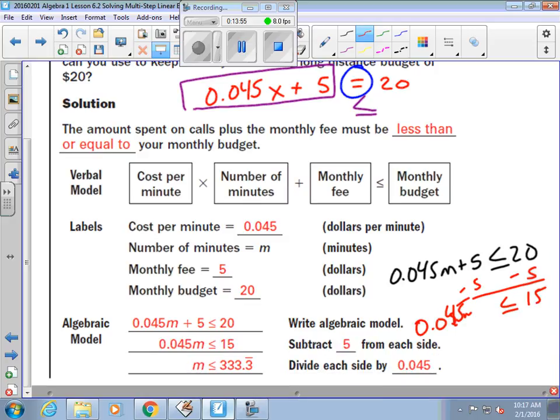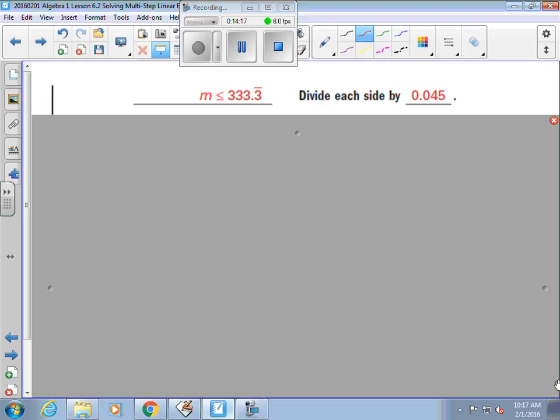And then divide by 0.045 on both sides to get M's value. There's no reason to reverse the symbol because you're dividing by positive 0.045. 15 divided by that is 333.3. So what this is saying is that M has to be less than or equal to 333.3 minutes.